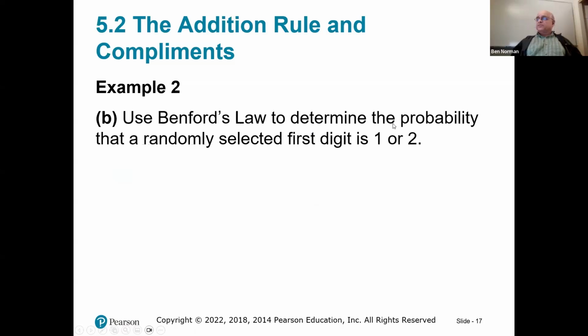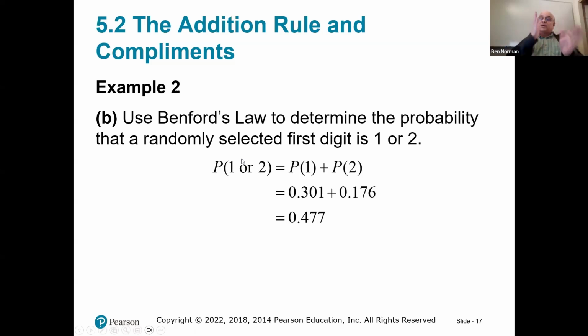Use Benford's law to determine the probability that a randomly selected first digit is 1 or 2. Please note that a number can only have a single first digit. You can't have a number that has a 1 and a 2 as a first digit simultaneously. It's either one or the other.